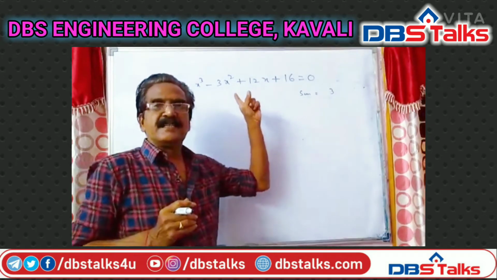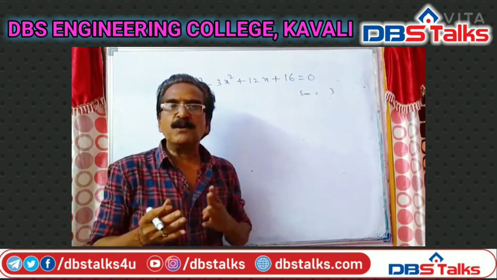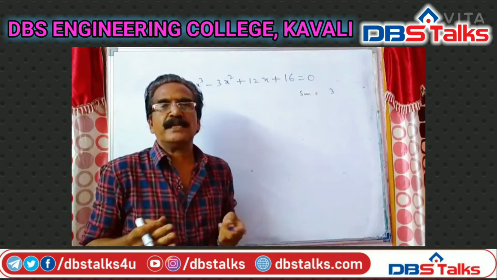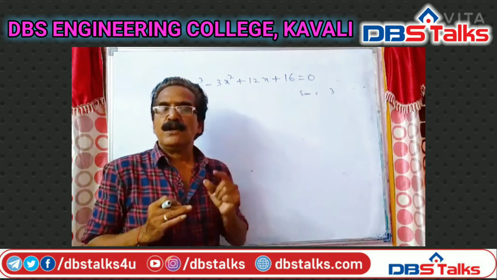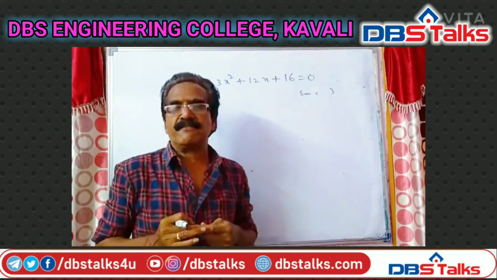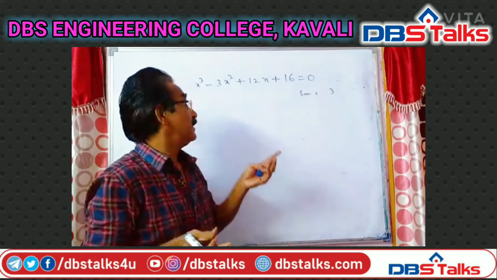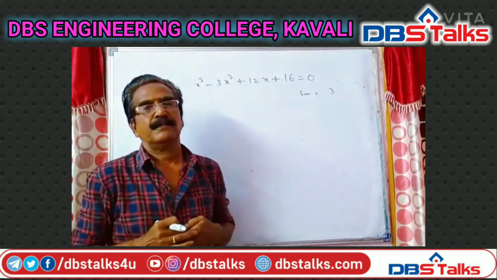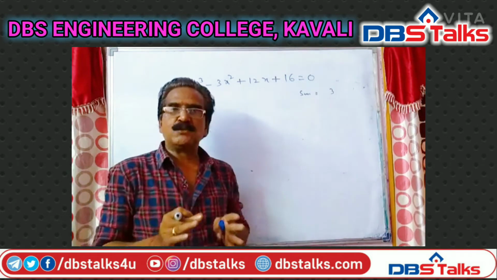See friends, here the question is, we have to remove the second term. And thus you have to get one transformed equation where there is no second term, that is where there is no x square term. So now we are going to remove the x square term.